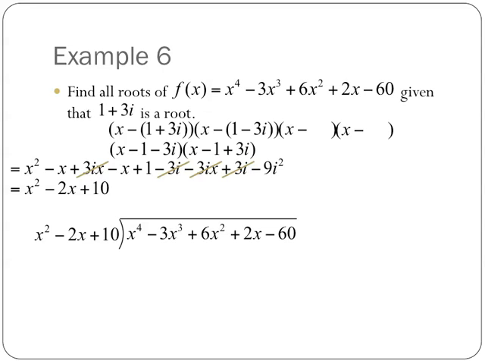Okay, so let's do the division. So on top here, this will be x squared, multiply that, x to the 4th minus 2x cubed plus 10x squared, subtract.